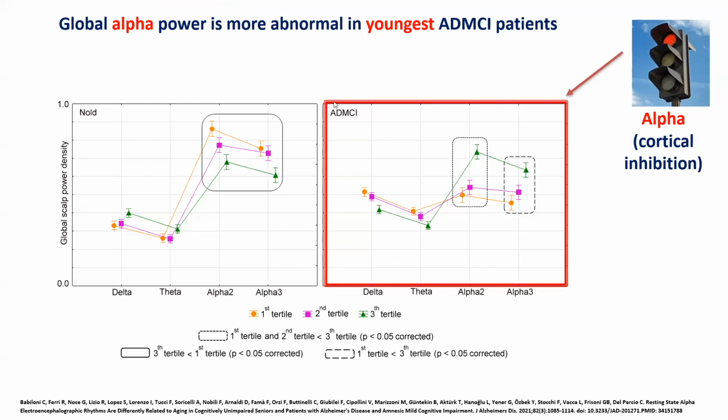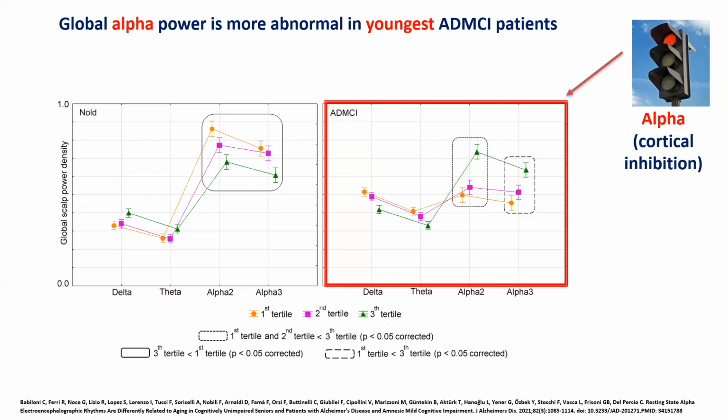You see very clearly that if you stratify the Alzheimer's disease MCI patients in relation to age, for example, younger people in orange, middle age in violet and older age in green, the reduction of alpha source activity is greater in the younger Alzheimer's disease MCI patients.